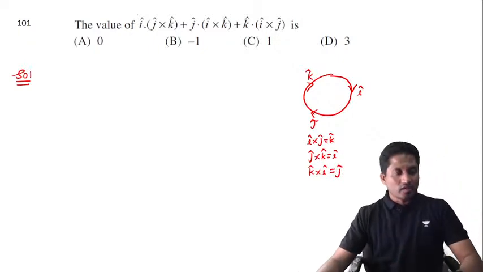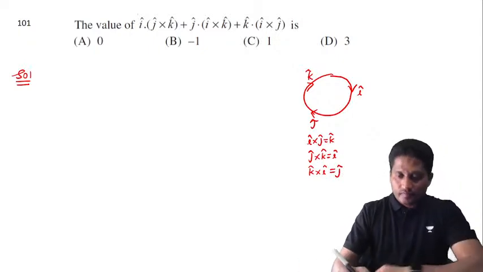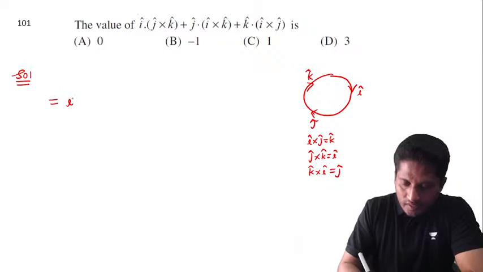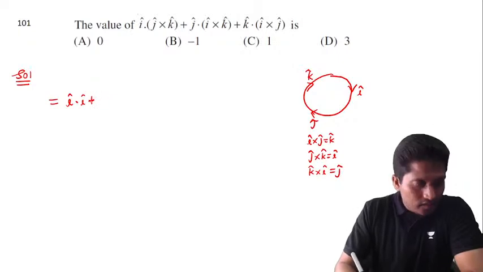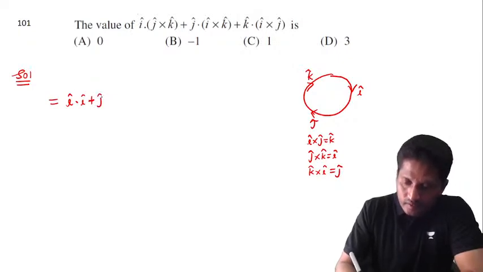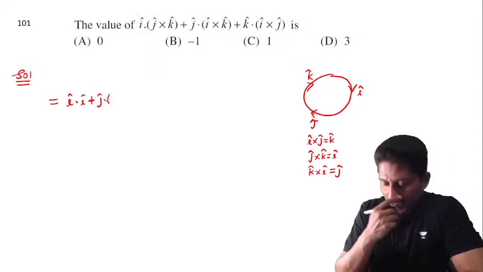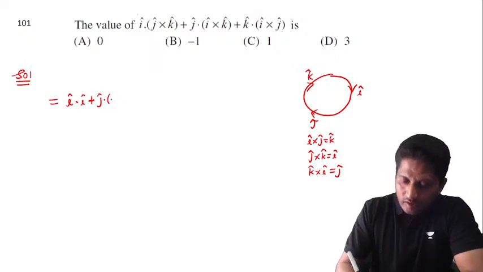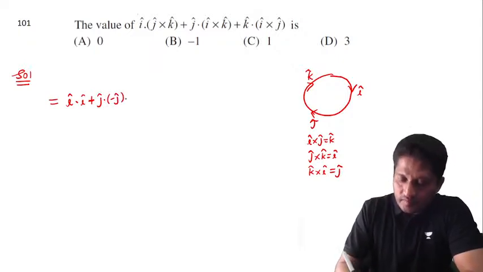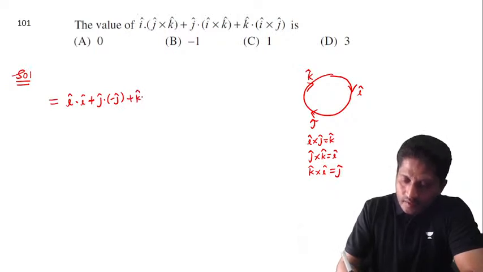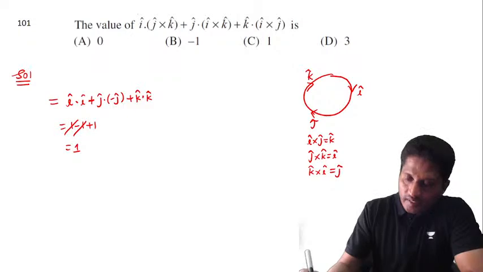If I take this in cyclic order, now I'll substitute. This is equal to I dot with j cross k, which is I, right? And then this is j dot with I cross k. K cross I is j, I cross j is minus, I cross k is minus j, and I cross j will be equal to k. This will be equal to 1 minus 1 plus 1, which is equal to plus 1. Right, answer is option C.